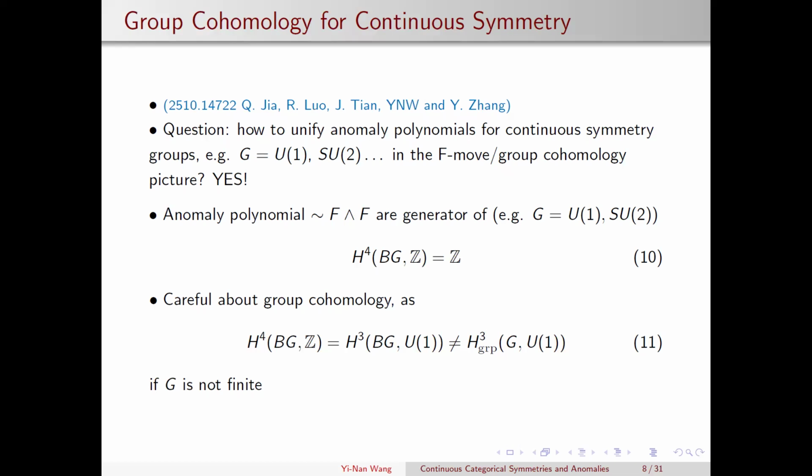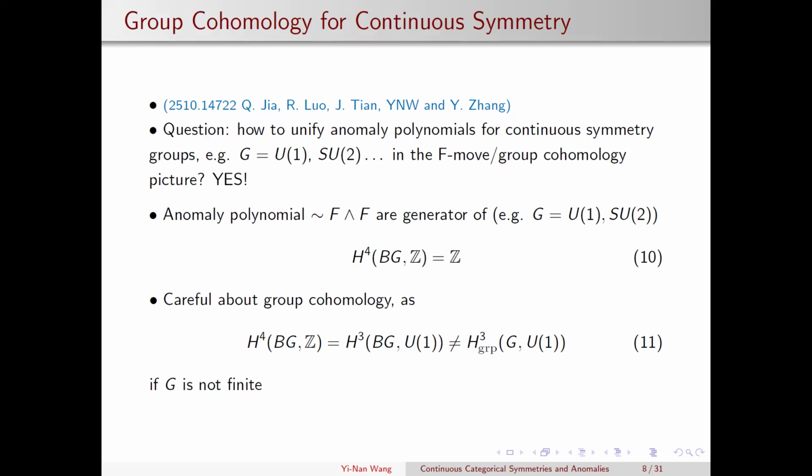Okay, so our first physical question is this. We know that for a continuous symmetry group like U(1) or SU(2), the anomalies are described by anomaly polynomials, like the gauge invariant anomaly polynomial F∧F, or the three-form anomaly polynomial A∧F.